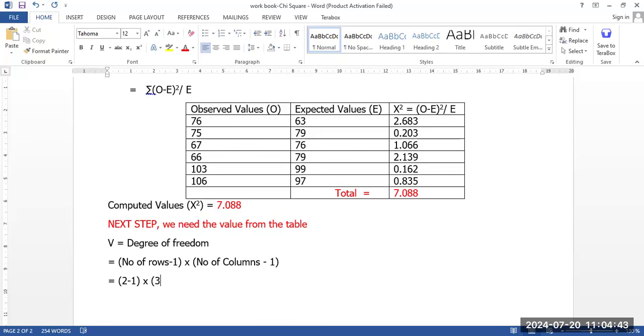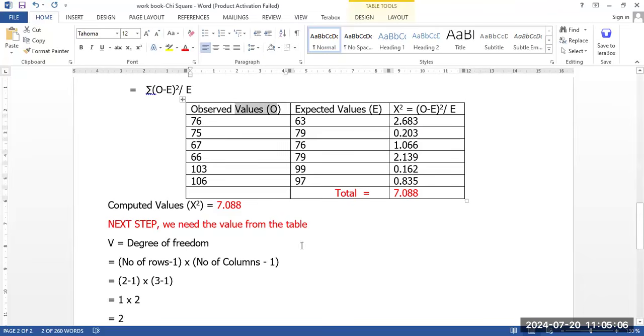Just where you have observed values, don't consider the column totals, don't consider the row totals. So what do you get? This is 1 times 2, and finally your V is 2.